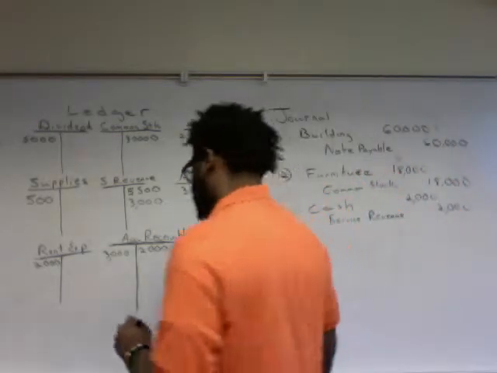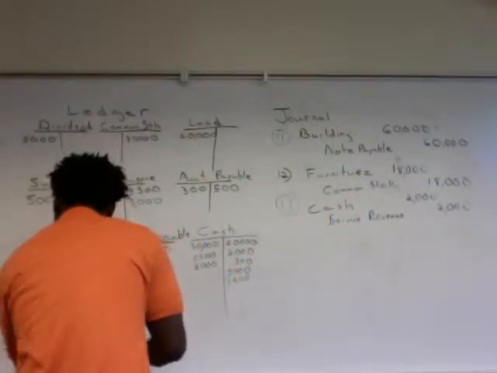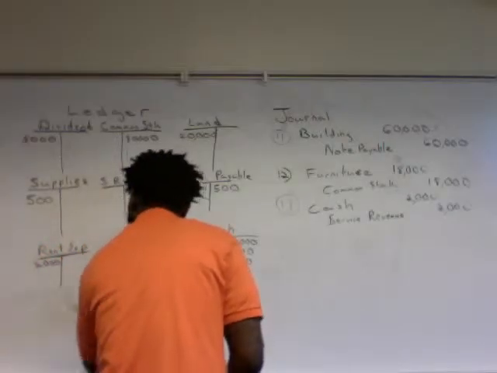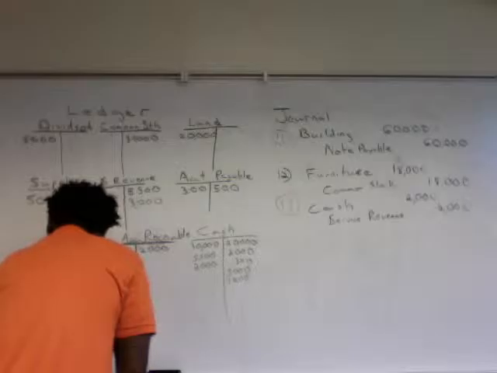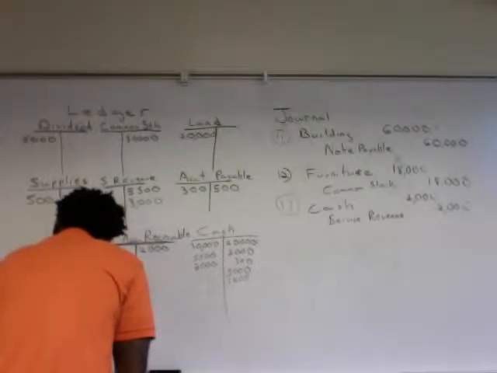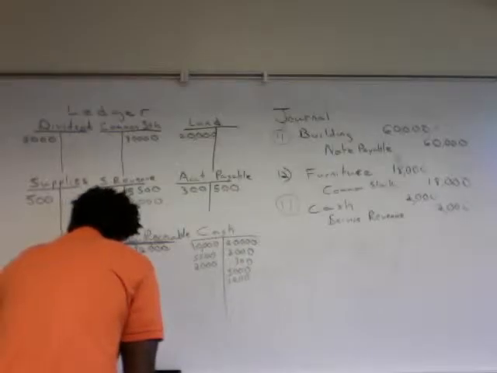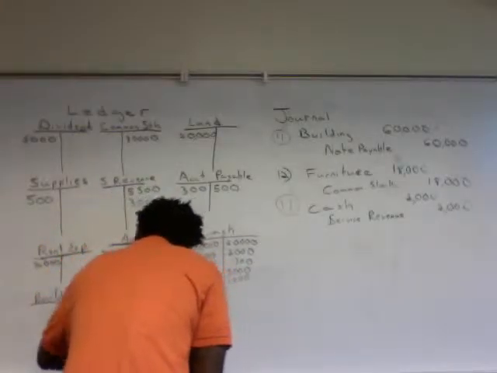So let's create those. I'm going to lower this a little bit because we don't need all that space right there. And I'm going to go ahead and stick a building right under here. And I'm going to stick furniture right under here.